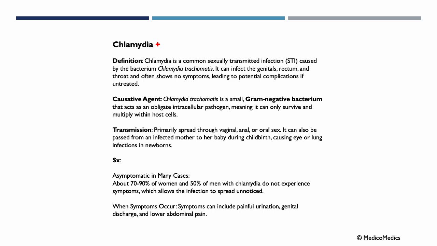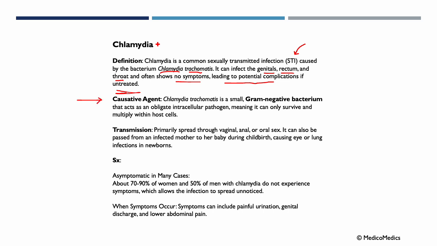Now, chlamydia is a common sexually transmitted infection, or STI, caused by the bacterium Chlamydia trachomatis. It can infect the genitals, rectum, and throat, and often shows no symptoms, however, leading to potential complications if untreated.